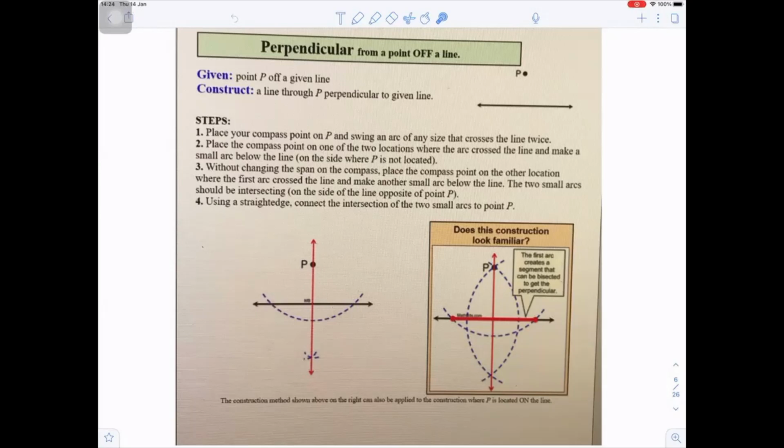The 2 small arcs should intersect on the other side of the line, opposite point P. Then use a straight edge to connect the intersection of the 2 small arcs to point P. So you join that point and P, and that's what you would get when you do the process.